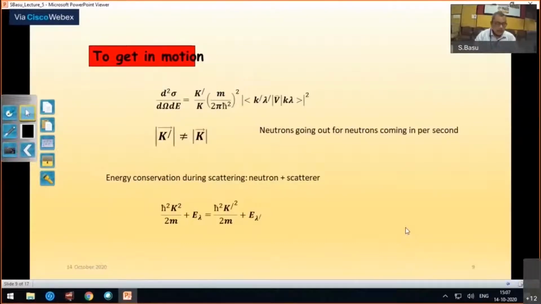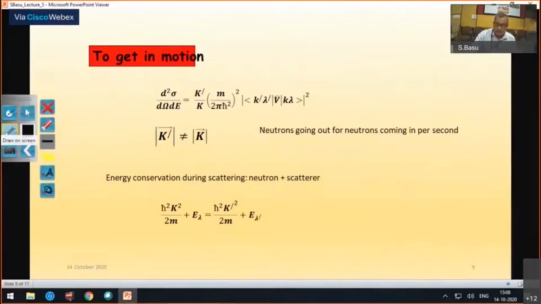So if you remember, I'll write d2 sigma d omega dE in terms of this factor, which tells me that the neutron goes from initial state k and the system in its energy lambda.